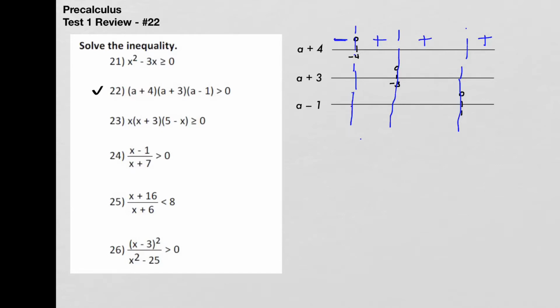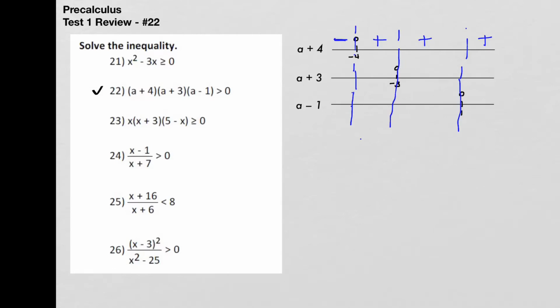Now I'm going to try the same thing for a plus 3, and here's where the factor is equal to 0. So it's either positive or negative on one side of that 0, and then either positive or negative on the other side of 0.